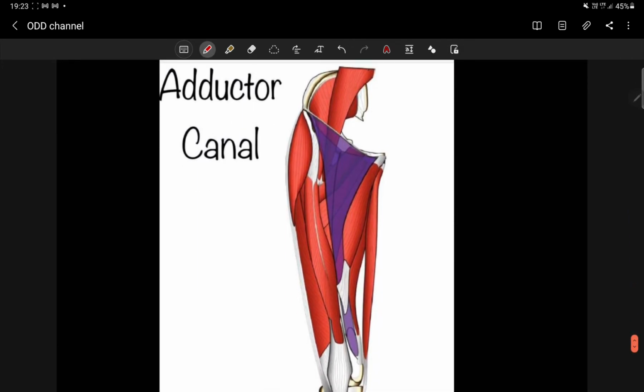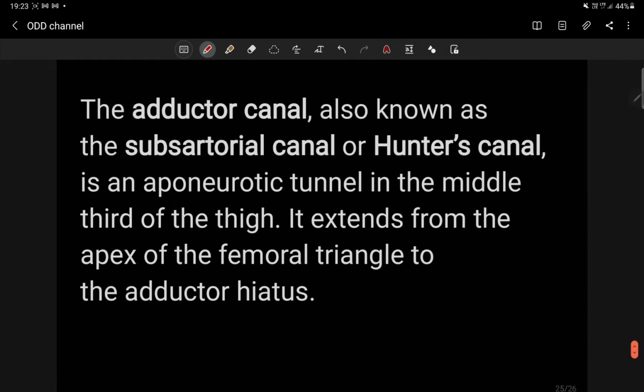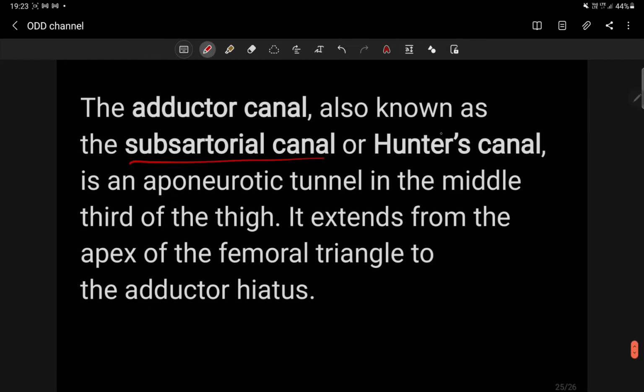Now, while we are discussing the femoral canal and triangle, we can also discuss the adductor canal, because the apex of the femoral triangle ends into the adductor canal and continues as the adductor canal. This adductor canal is also known as the subsartorial or Hunter's canal.